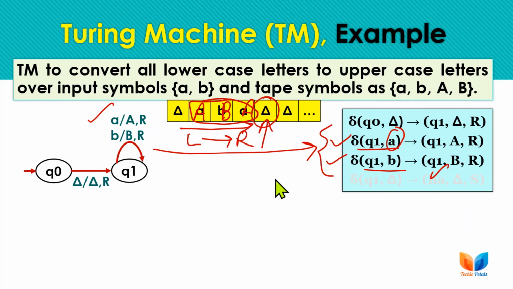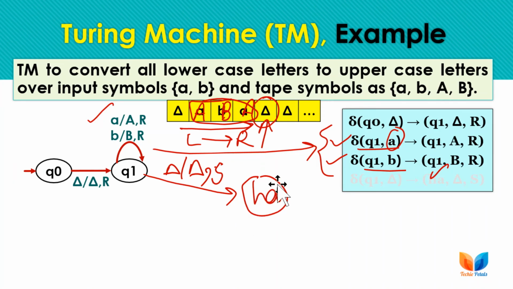Here we will have a static move; we need not change this blank to any symbol. We just replace this blank with a blank and move in the static direction, which means we need not move either left or right. This static move shows the inactive state of the machine. Now the machine is in the halt state, as it has successfully converted all the letters to capital letters.